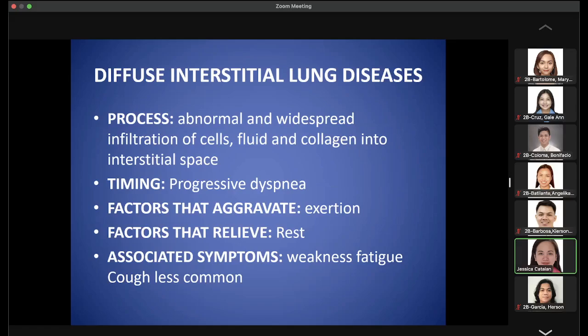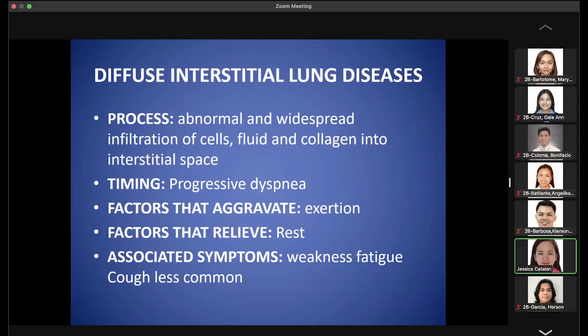Imagine the lungs, normally soft like a sponge, which easily expands when taking in air. Imagine it filled with fluid and collagen. It becomes stiff. Usually this develops over time, so the timing of dyspnea is progressive.